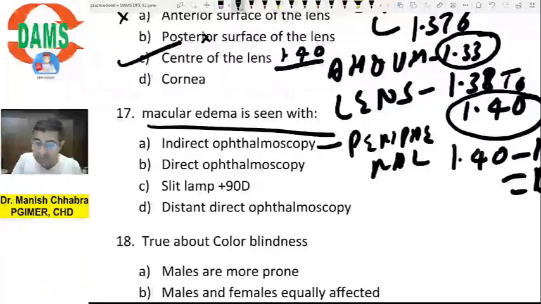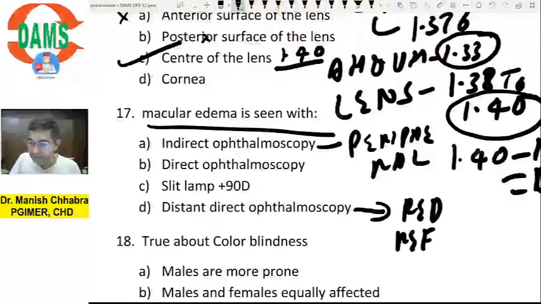What about distant direct ophthalmoscopy? Not at all. Distant direct is where you hold the direct ophthalmoscope at a distance of 25 centimeter and you look out for the red reflexes.